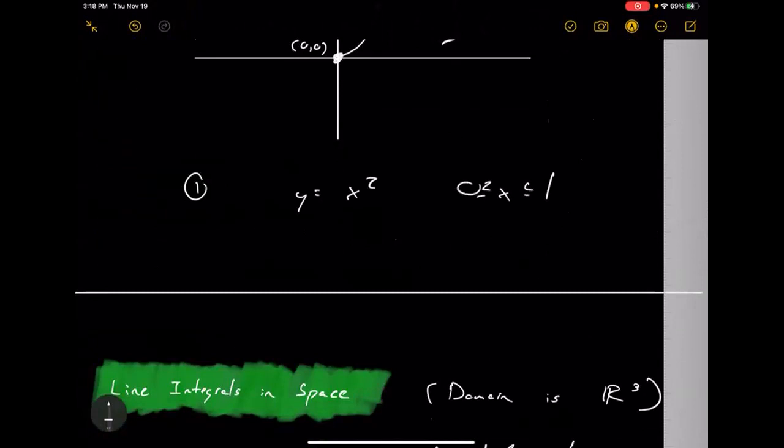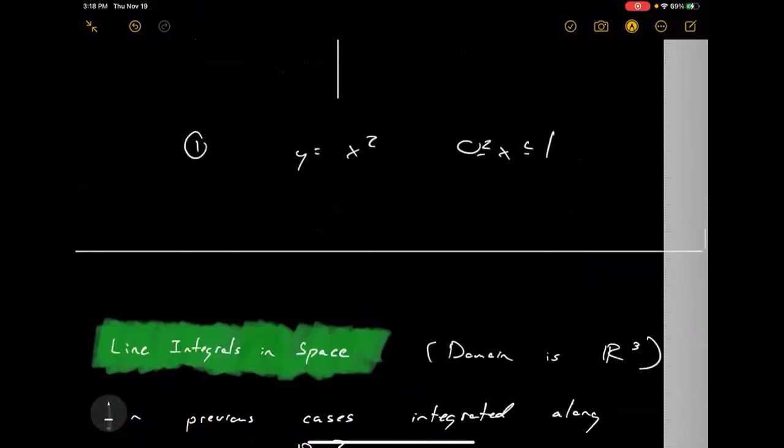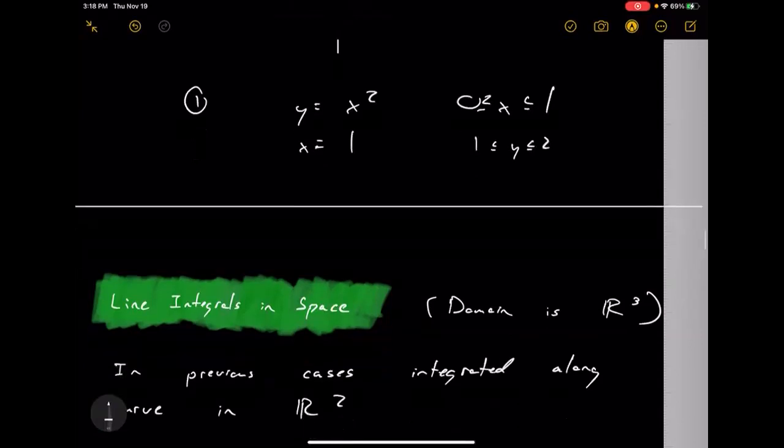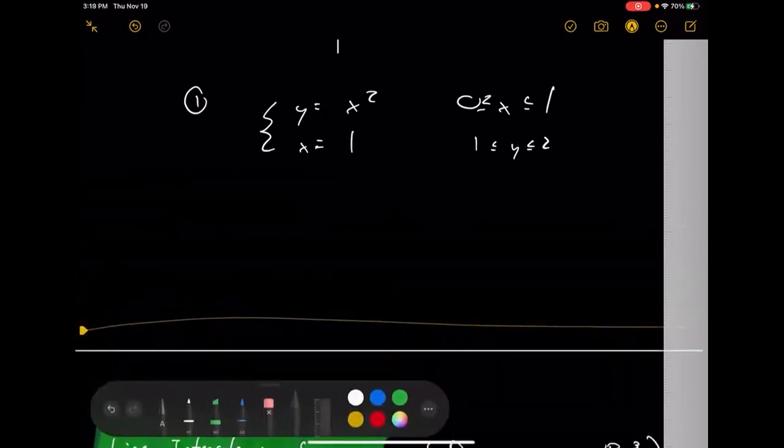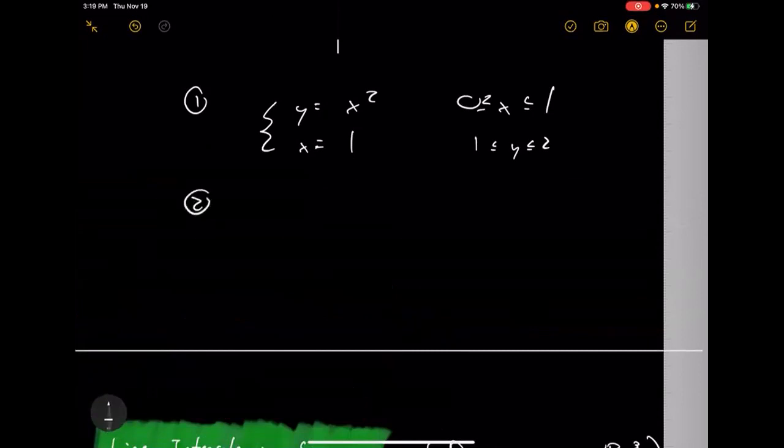And then it's really the curve x equals 1, that's how we write that vertical line segment, for y between 1 and 2. Those are our pieces. Writing this down is not super important, but the next step is more important: writing parameterizations for each of these.